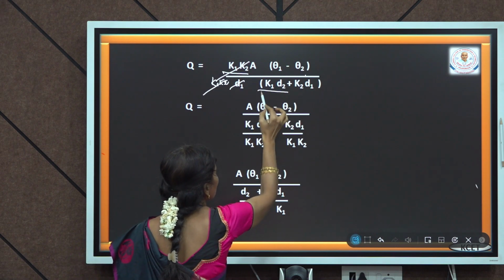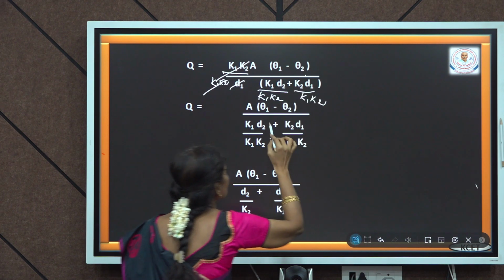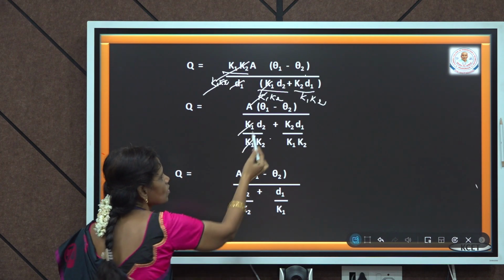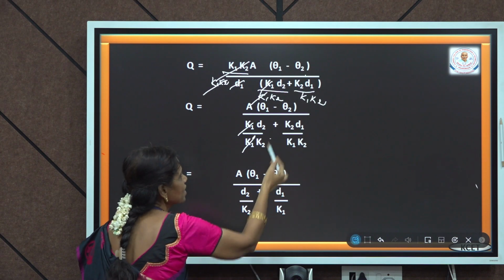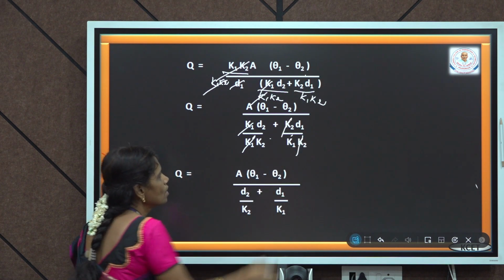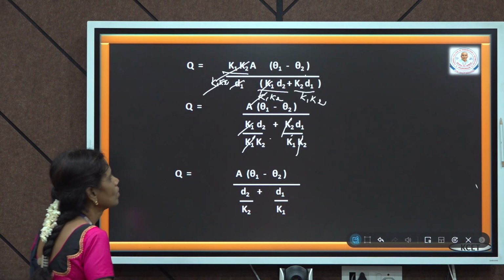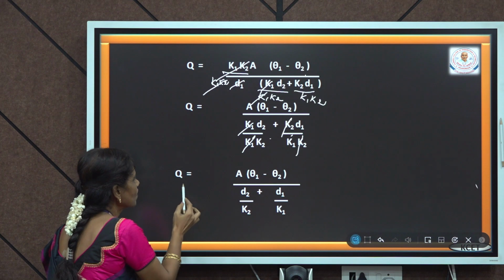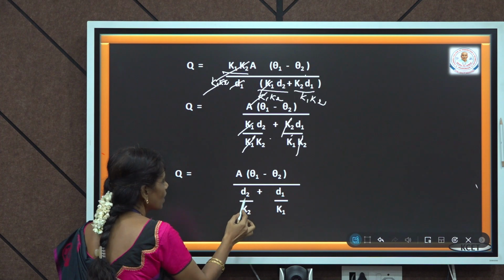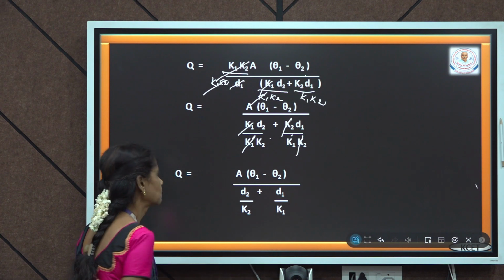In the denominator, K1 got cancelled here, so D2 by K2 remains, plus here K2 and K2 got cancelled, so D1 by K1 is the remaining in the denominator. So, on simplifying this we get Q is equal to A into theta 1 minus theta 2 divided by D2 by K2 plus D1 by K1.